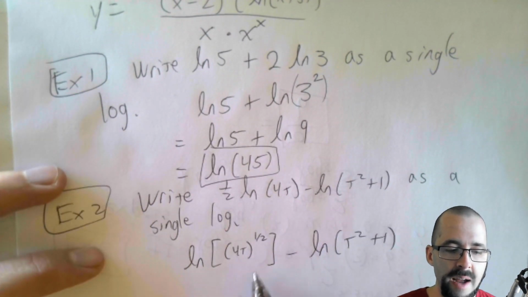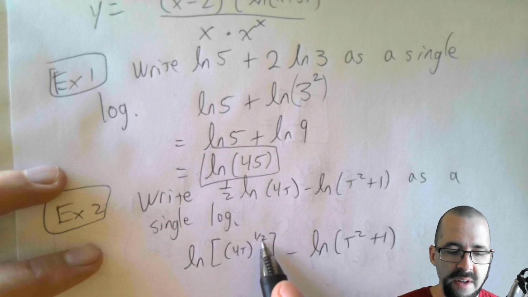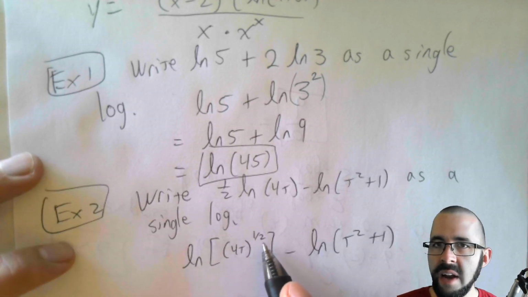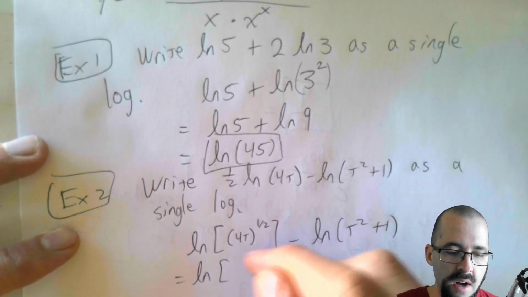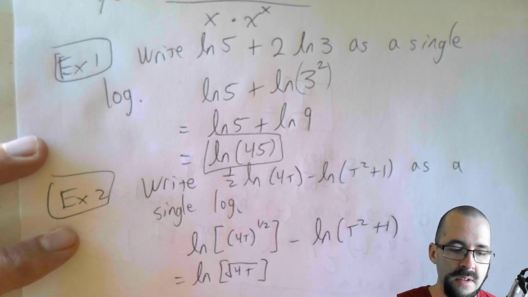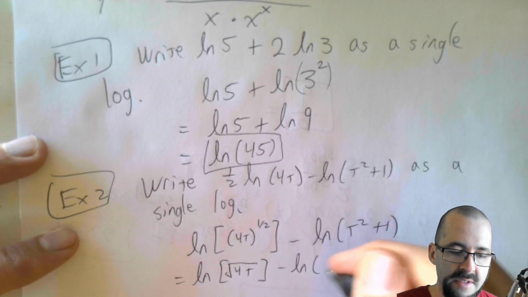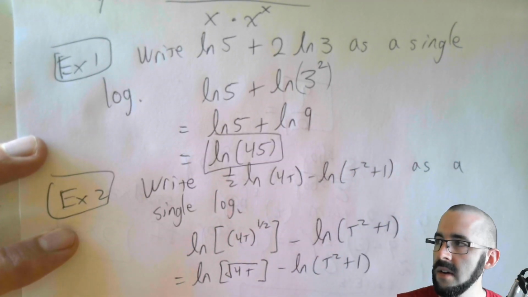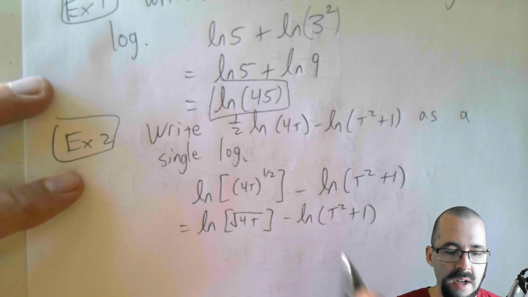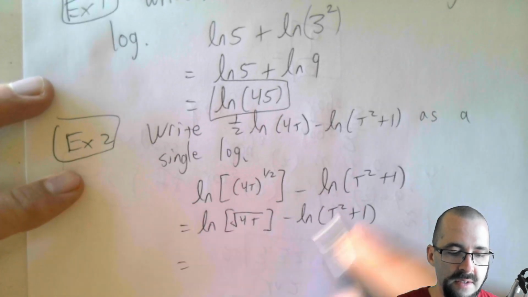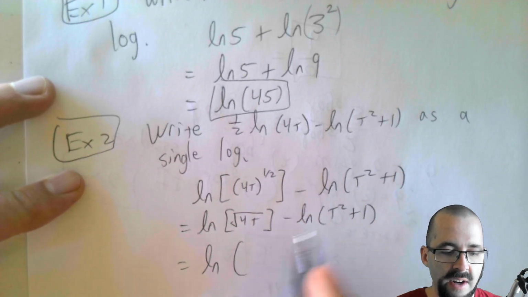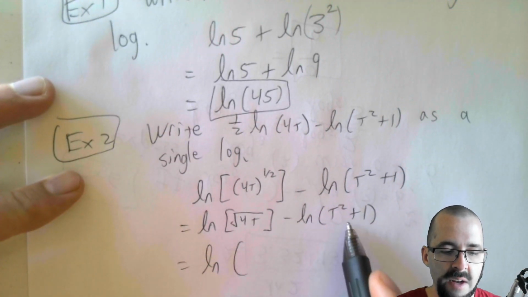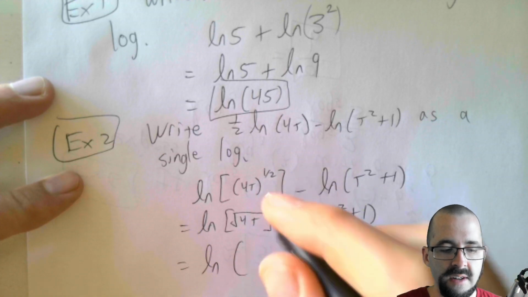Now there's a couple things that are happening here. Let's simplify this first one real quick. Remember, an exponent of 1/2 is the square root. This is the natural log of the square root of 4t minus the natural log of t squared plus 1. And now division, right? Well, let's keep simplifying. It's division: natural log of the first thing divided by the second thing, because it's subtraction here.